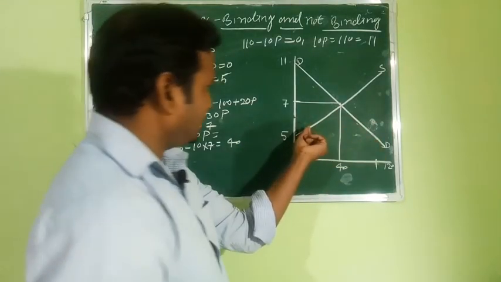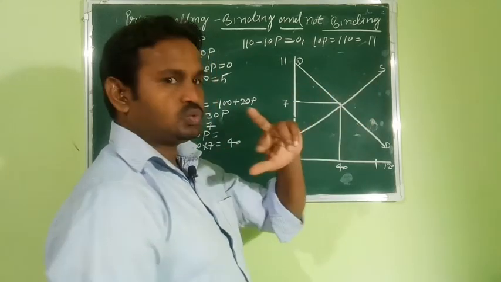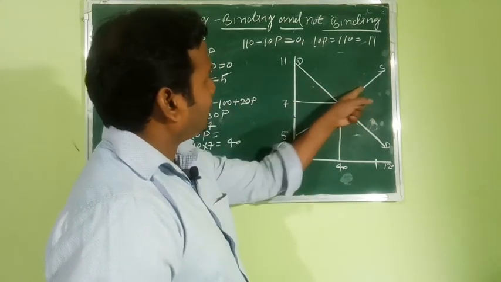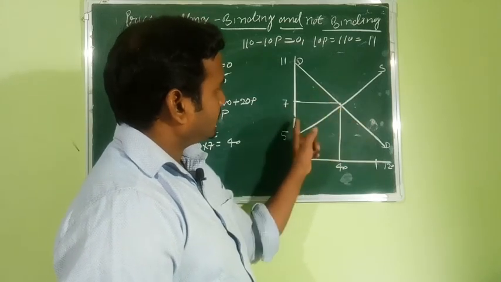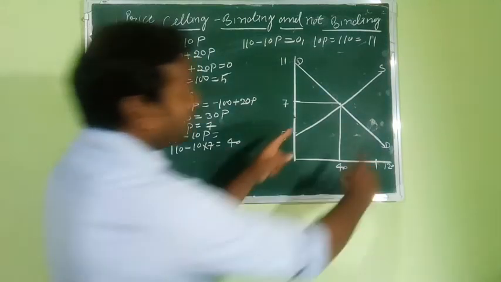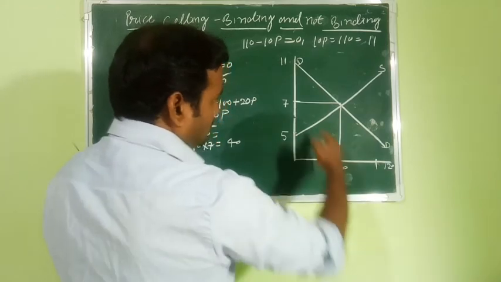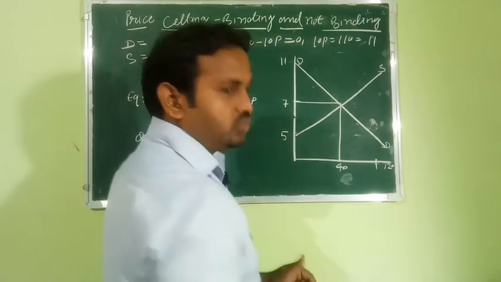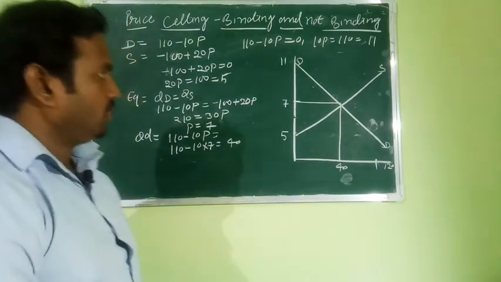But if market demand is greater than supply, or supply is greater than demand, there are two extreme situations. If demand is greater than supply, then there is a gap, a difference. Then the government needs to fix the price ceiling.